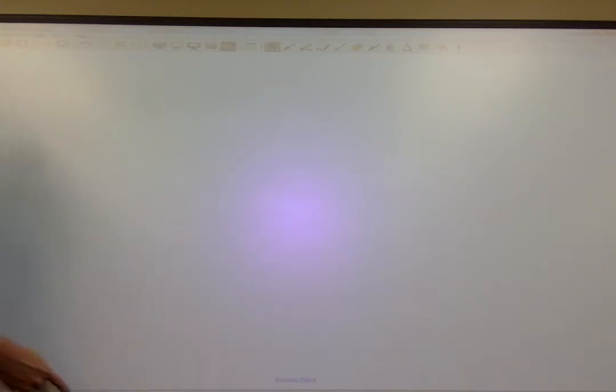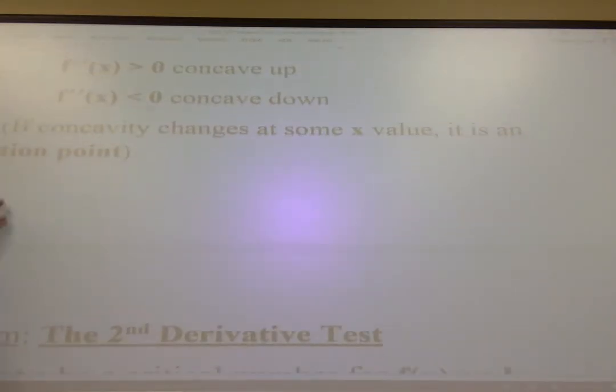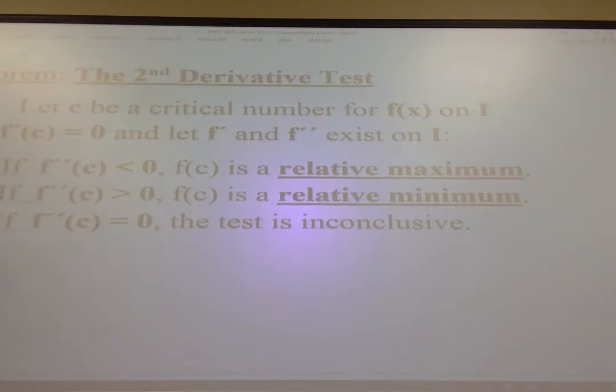Here is the second derivative test. Okay. Let C be a critical number of f of x, just like we found. Zeros of the first derivative. And let f prime and f double prime exist. This is where it gets great. If f double prime of that critical number is negative, that means it's on a concave down interval.